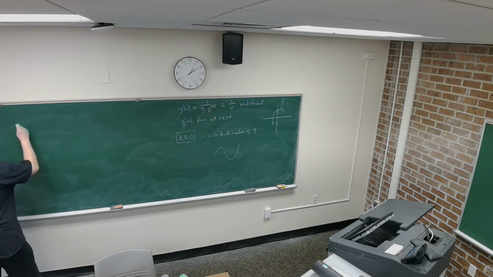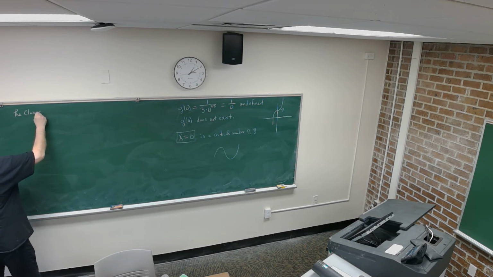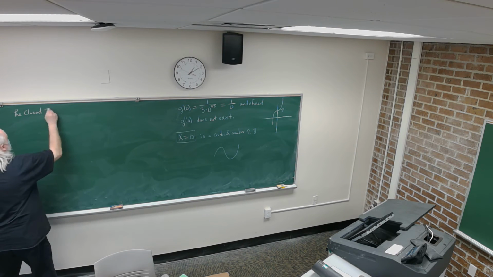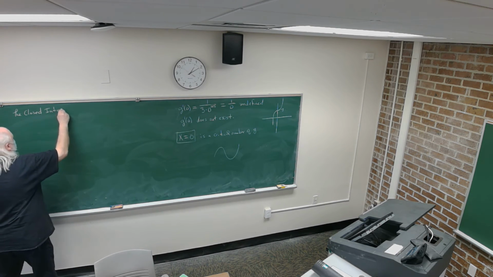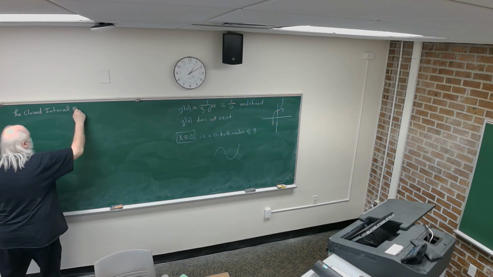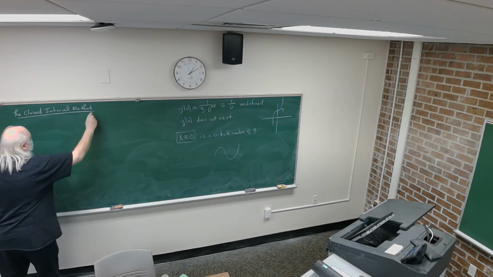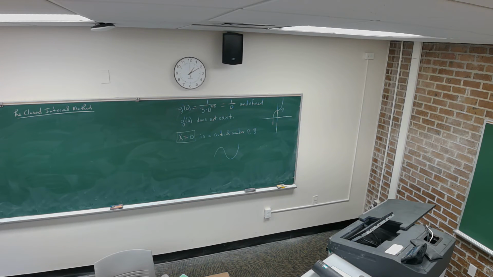All right. Now we're going to talk about how to find the absolute maximum and absolute minimum of a function on a closed interval. This is called the closed interval method. It's not a very catchy title.